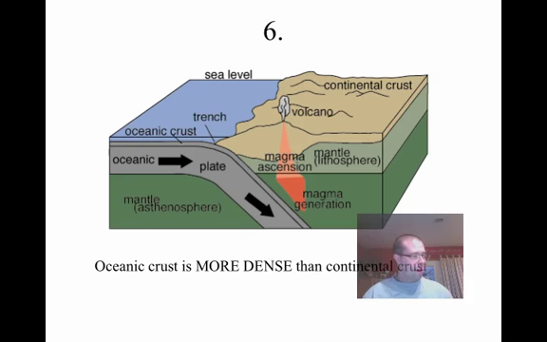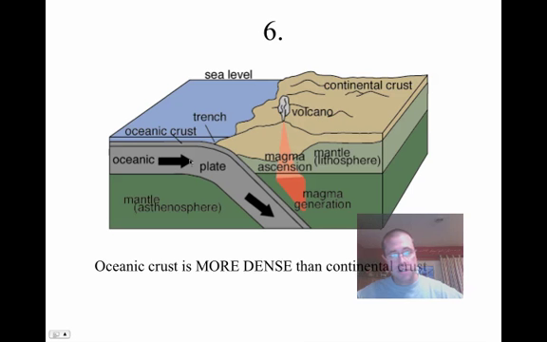Next question says, why does oceanic crust sink beneath continental crust at convergent boundaries? Oceanic always goes beneath continental when they meet. The reason? Oceanic is more dense. That's it. Oceanic crust is more dense. The denser object is going to sink below the less dense object.